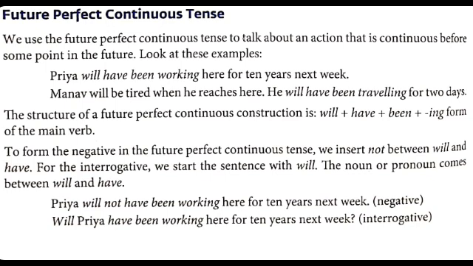Now in order to form the interrogative, we will have will plus the subject plus have plus been plus the ing form of the verb. So this is how we form the negative and interrogative in a sentence by using the future perfect continuous construction.